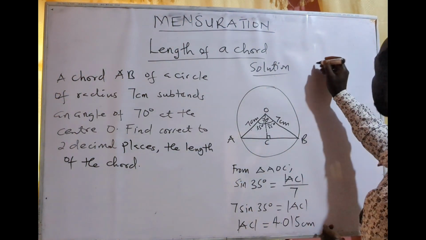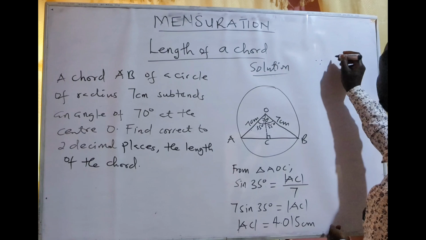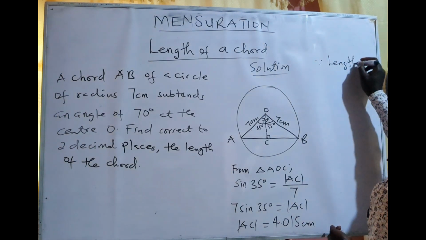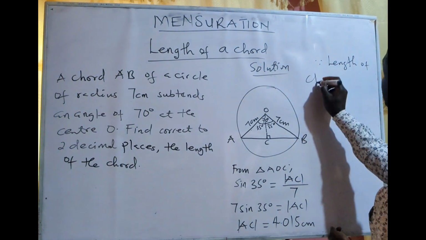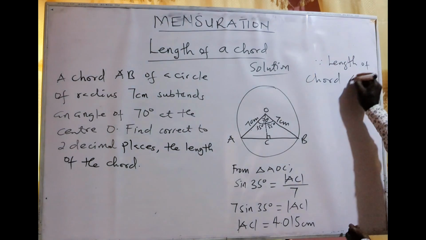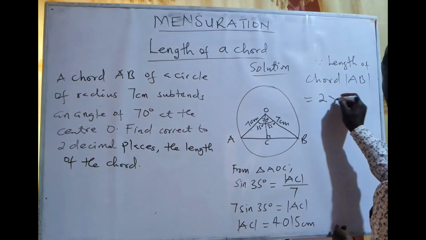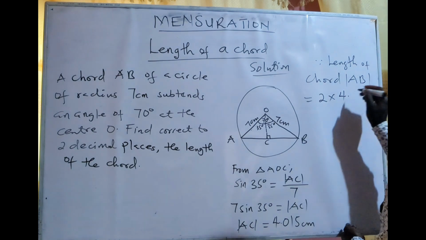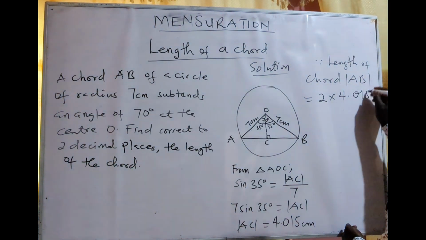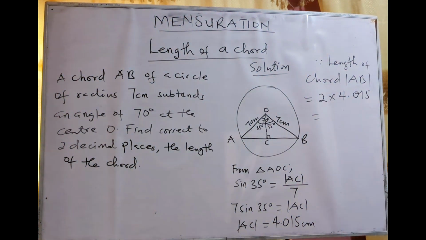So therefore, the length of the chord AB is equal to 2 times 4.015. So 2 times 4.015, and that is going to give us our answer.